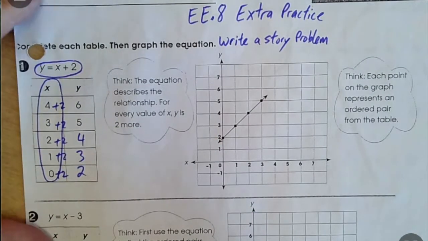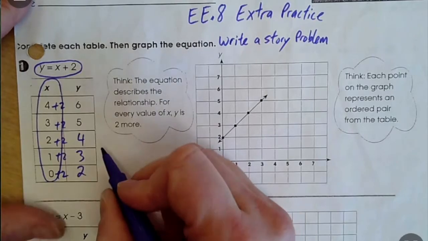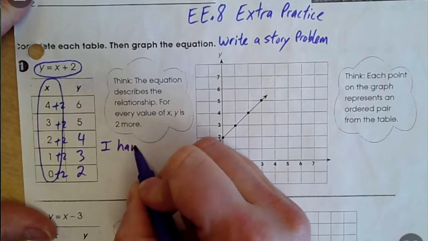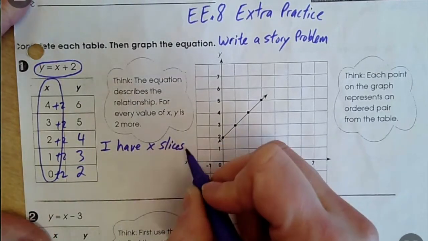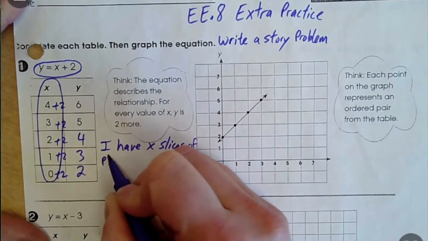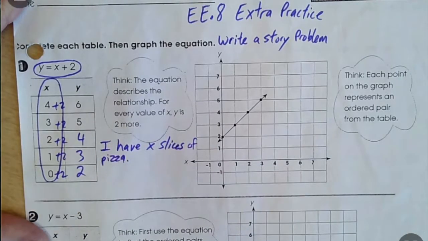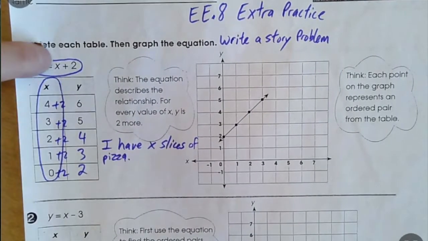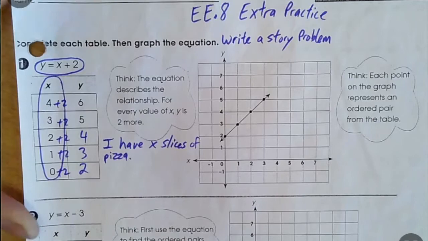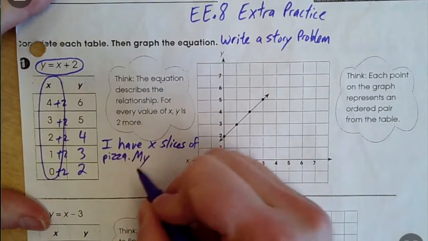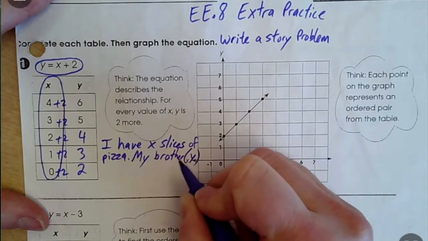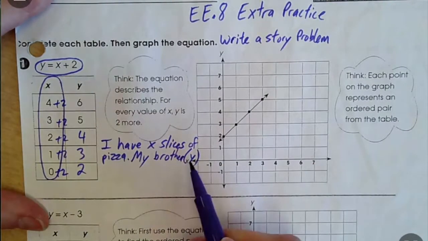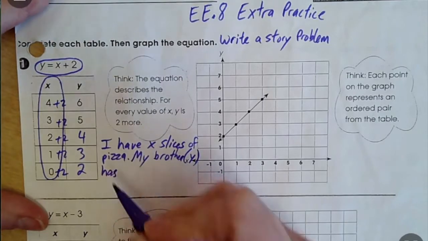So remember the story problem, I always had x slices of pizza, so I start with I have x slices of pizza. And then I have to have a second person in the story problem because if I'm X, I have to have a second person, which is Y. So I'm going to say my brother, and he has to be Y because I'm X, so he's Y. My brother Y has, and then this is where I look at the clue.